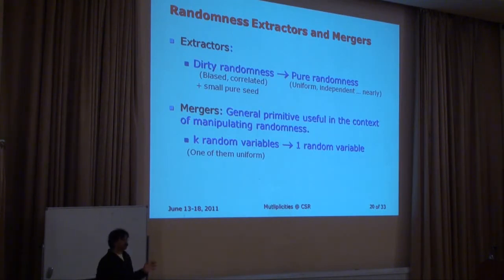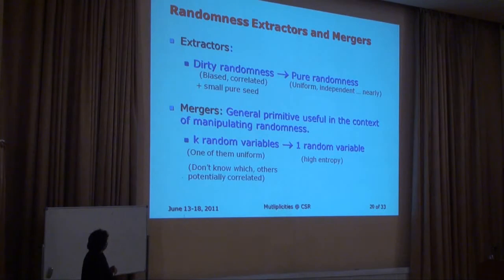But we don't know which one. And furthermore, the other k minus 1 may be heavily correlated with this one. They may be identical, they may all satisfy some summation condition, etcetera. No guarantees on the others. And we would like to produce from this either a uniformly distributed random variable or something with high entropy. Again, we will allow ourselves a little bit of seed.